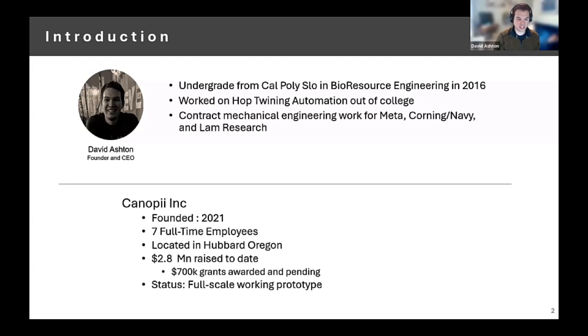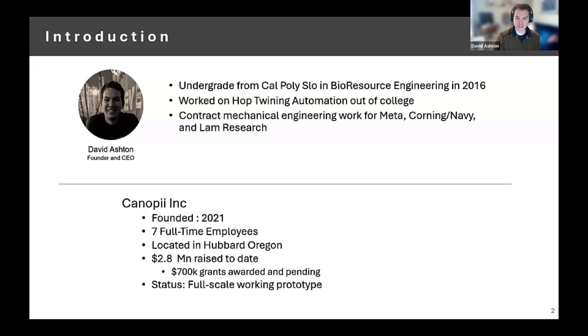So I got a really great, broad range of mechanical engineering experience. During that time, I worked on this project on the side because I've always been interested in automation for small and mid-sized farms, particularly developing automation that can be leveraged by small and mid-sized businesses.